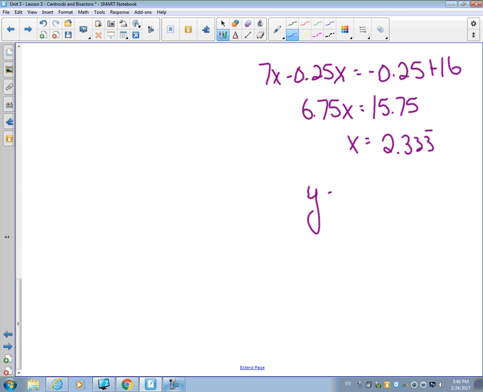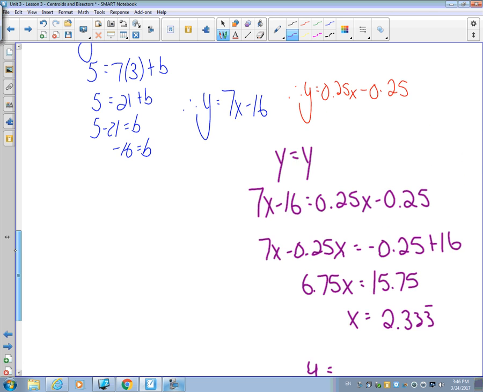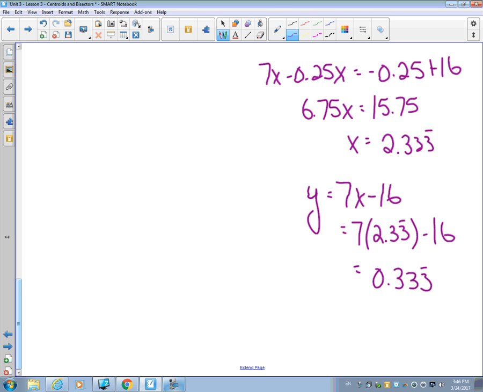We take one of the equations that we know. I'm going to use the blue one, the 7x minus 16 one. I know that equation, but I also know what x is. x has to be 2.333333 repeating. If I put that in my calculator, I can calculate the y value as 0.33333 repeating, never ending.